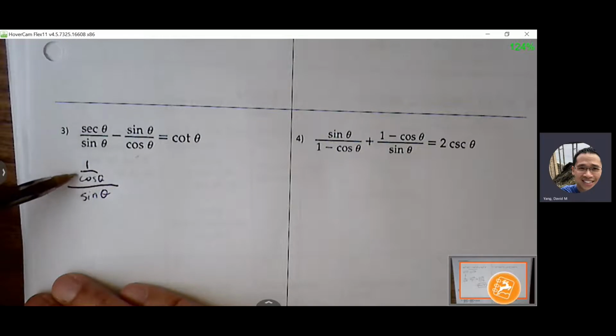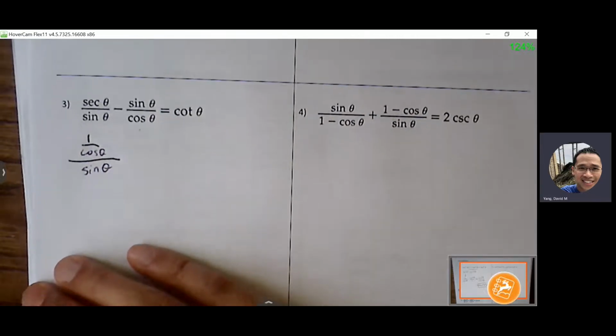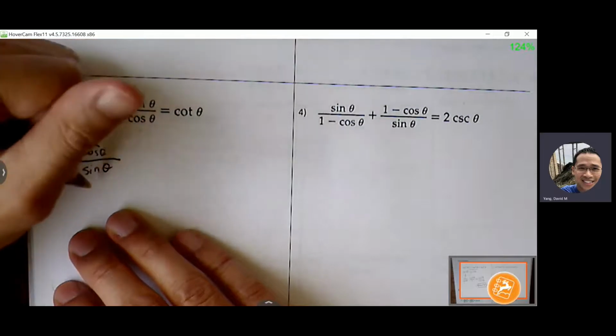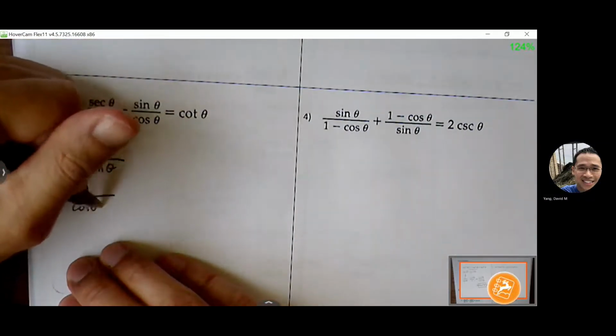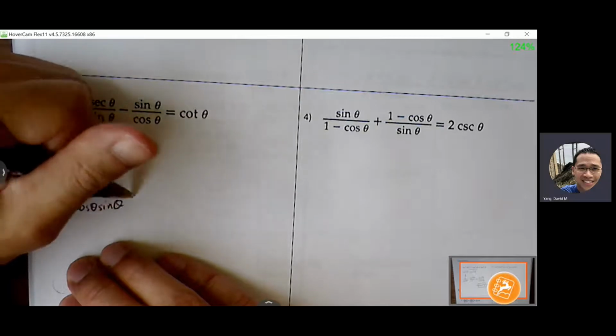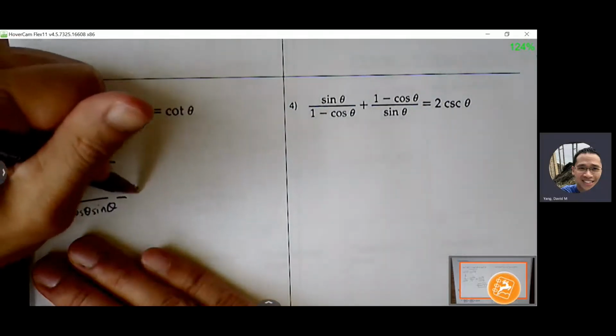Secant is 1 over cosine. 1 over cosine divided by sine is the same thing as multiplied by the reciprocal. So 1 over cosine times 1 over sine is 1 over sine cosine. Now I'm back to my original problem here.